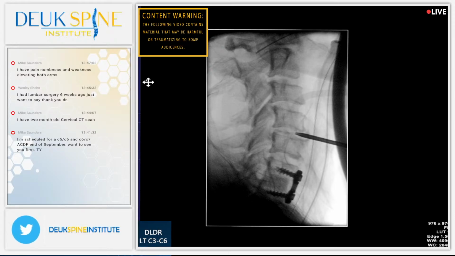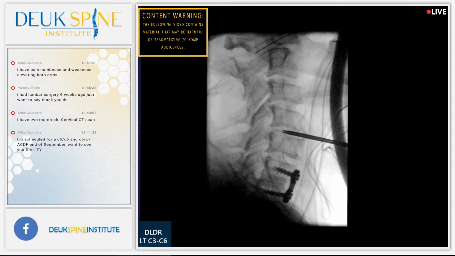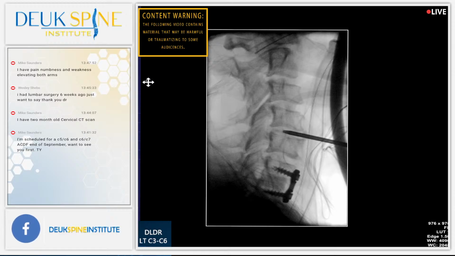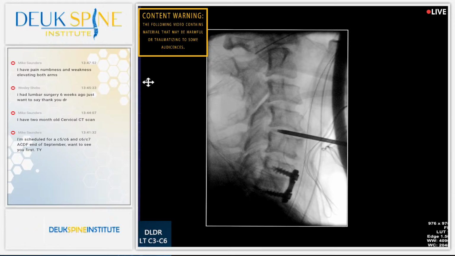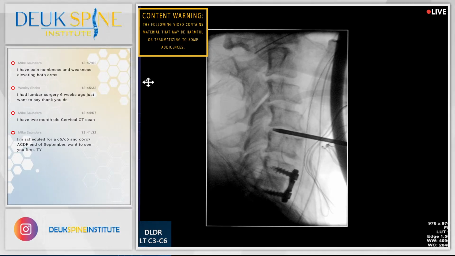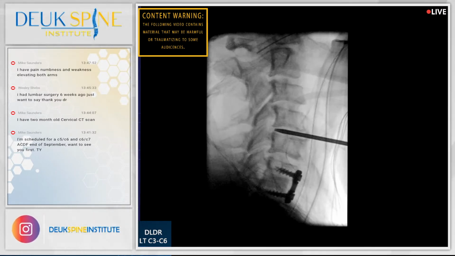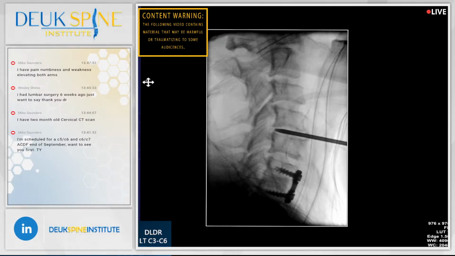As far as results, this surgery gets rid of about 95% long-term of the neck pain and arm symptoms from the disc, whereas fusion is not done to get rid of neck pain, only gets rid of pinched nerve symptoms. This surgery gets rid of pinched nerve, pinched spinal cord, and neck pain. So ACDF is not a surgery done to get rid of any pain, just so you know that. It's only designed to get rid of weakness and numbness, tingling in your arms.